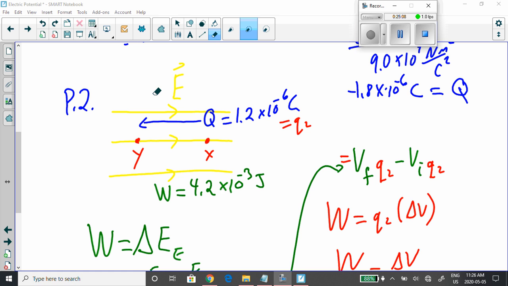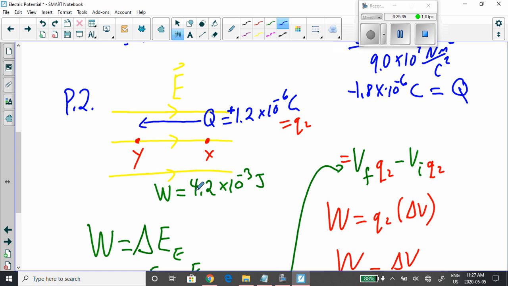So there's an electric field set up here. Don't know how it's set up. I do know that it takes work to move this positively charged particle from point X to point Y. Let me emphasize the positiveness of this: positive 1.2 times 10 to the negative 6 coulombs of charge.